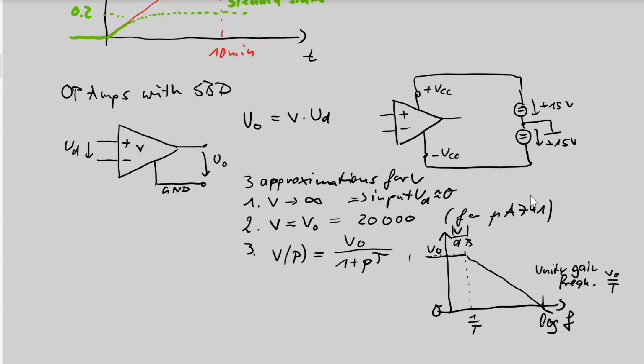That is a frequency F. F depends on the DC gain and the time constant of the signal. So if this is F, then of course I have to write divided by 2 pi, since 1/T is the omega corner frequency. We will discuss similar Bode plots later in this lecture.